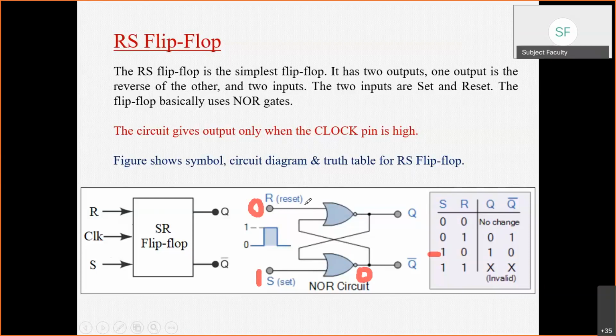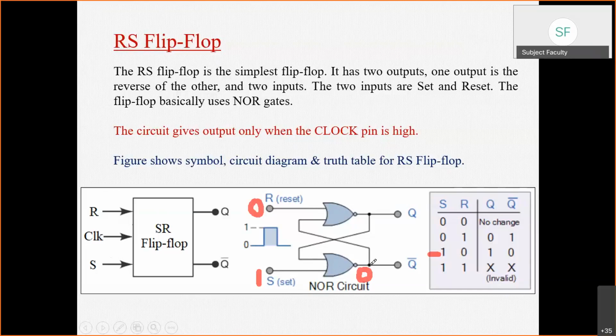But we cannot say anything about this particular NOR, because one input is 0. If the other input is also 0, then the output will be 1. If the other input is 1, then the output will be 0. So here we cannot say anything for sure, but for this NOR gate, as one of the inputs is 1, the output is 0.